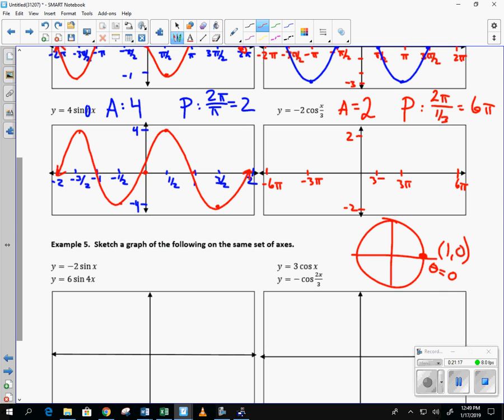I like that. If you think about that, half of 3 pi is 3 pi over 2. So I got to get this spot. What do I do to get that spot? 9 pi over 2. It's 3 of those, right? So 9 pi over 2.